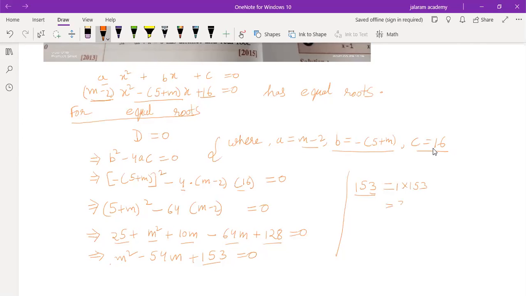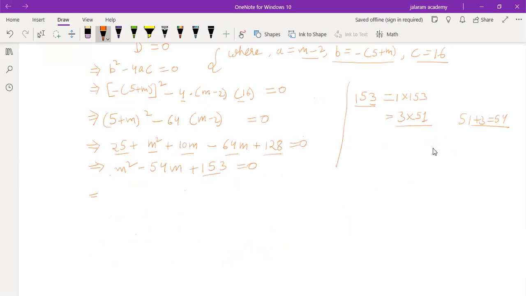So next is 3. When we divide 153 by 3, we get 51. Now if we add these two, 51 plus 3 equals 54. Okay. Sorry, these are the splitting of this 54 only. These are not the roots.